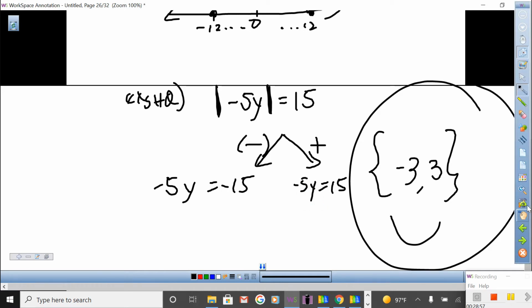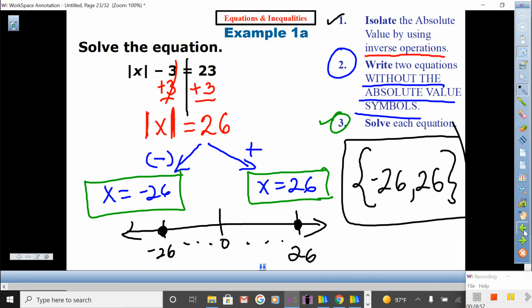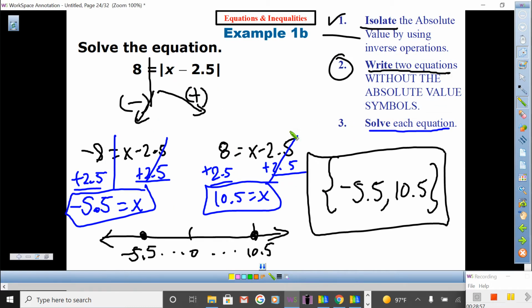Now, before we move on to the next ones, let me go back to the previous ones. Look up, please. So, we started with this one. Notice the absolute value is by itself. We got this number, and we got how many solutions? 2. From there, we got this absolute value by itself. We got this number. How many solutions? Okay.